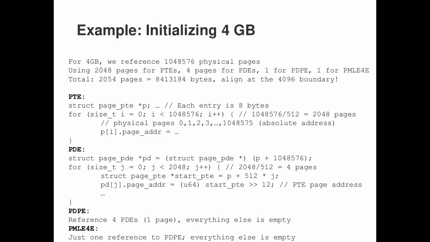If you want to create an identity page table, that means the physical page number is the same as the virtual page number. Just for the sake of this example. In project 2, at least the first half will not be complicated. You just need to create an identity page, so the virtual page number is the same as the physical page number.